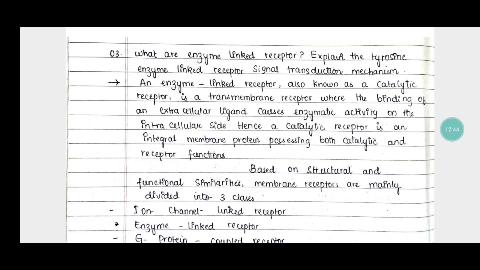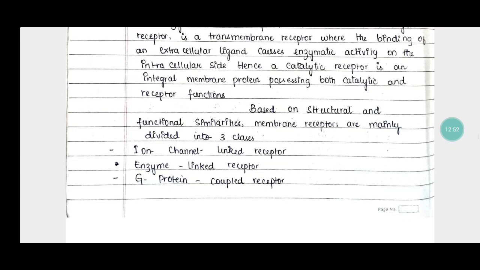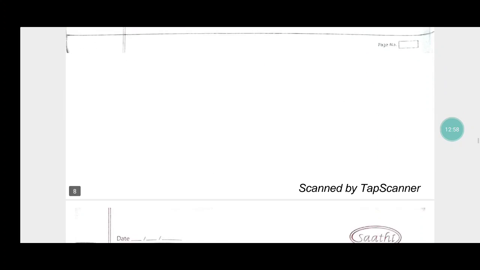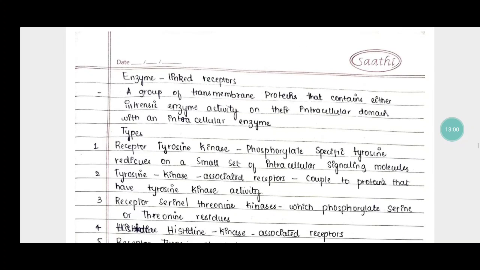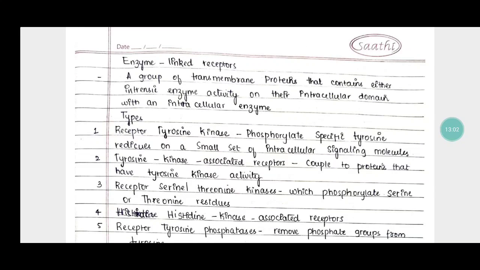Based on structural and functional similarities, the membrane receptors are mainly divided into three classes: number one, ion channel linked receptors, enzyme linked receptors, and G protein coupled receptors. Enzyme linked receptors are a group of transmembrane proteins that contain either intrinsic enzyme activity on the intracellular domain or are associated with intracellular enzymes.